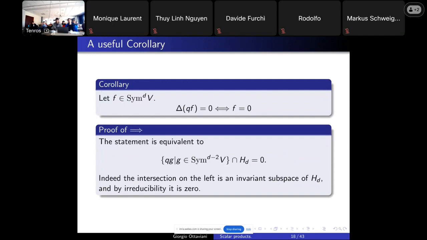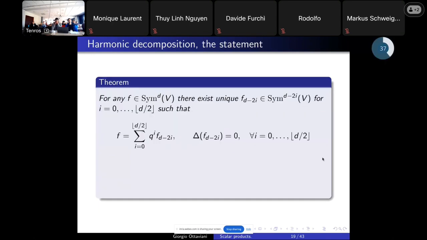You see, this is a linear system in F, if you forget this. And the only solution, this means that it is a square system, non-degenerate. It's not the identity, of course, the Laplacian of Q. It's more complicated, but and so harmonic decomposition, we use this. We have, let's say, already a name.